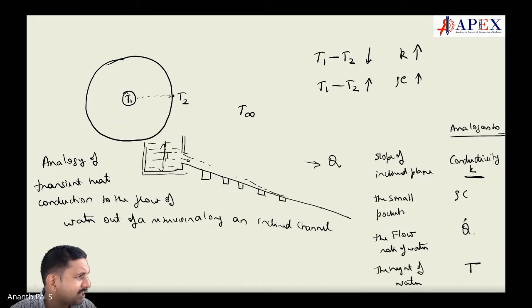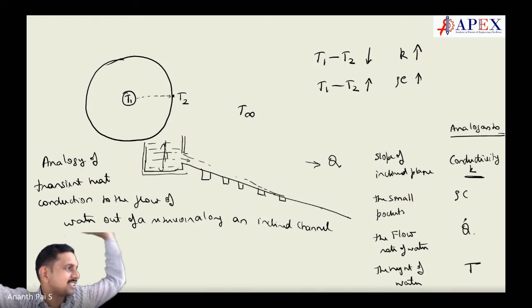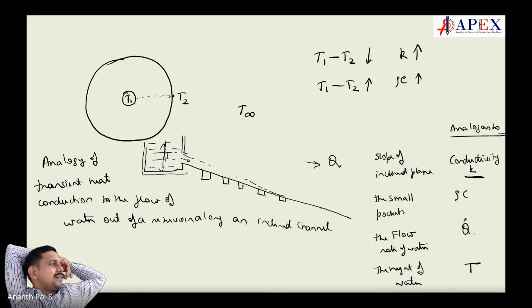And this you will not find in any textbooks. This is exclusive to Ananth Pai classes. No, these kind of analogies are given, but they have not written it like that. See, we did not get knowledge just like that. But still, I can articulate it better.